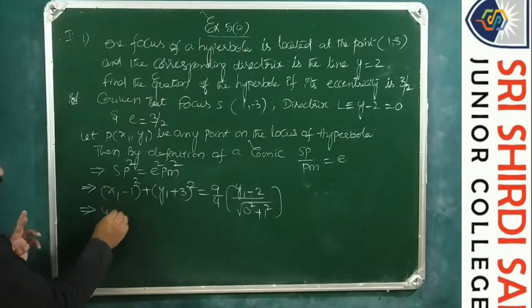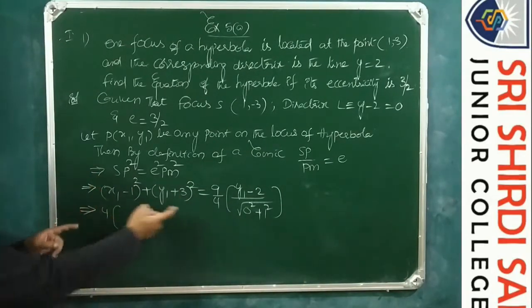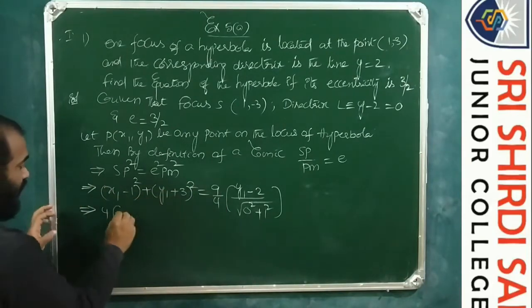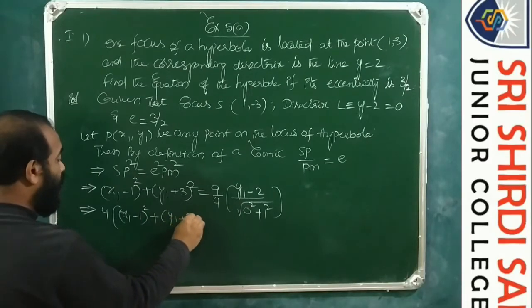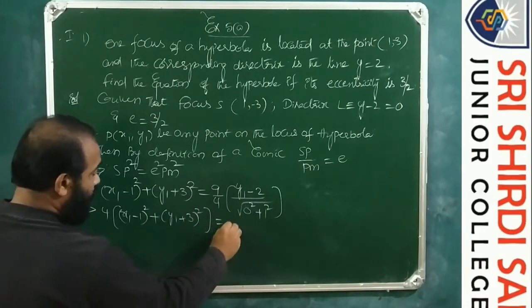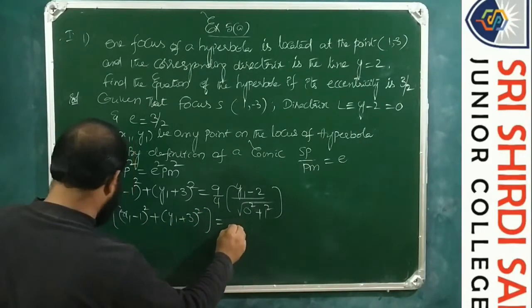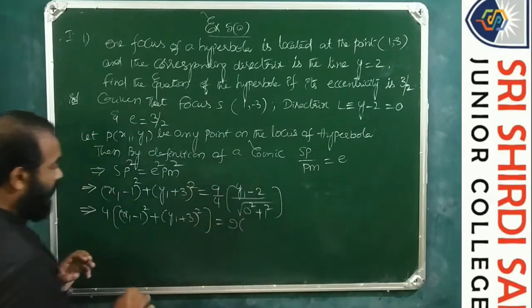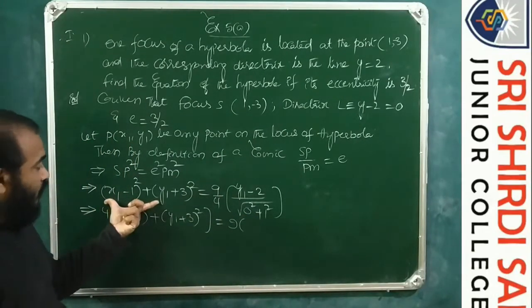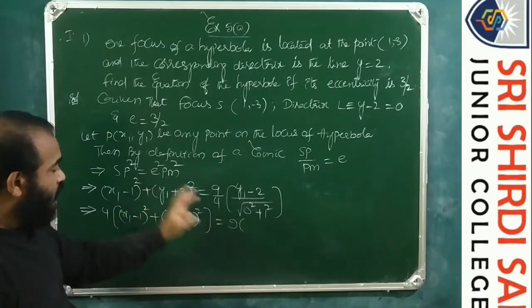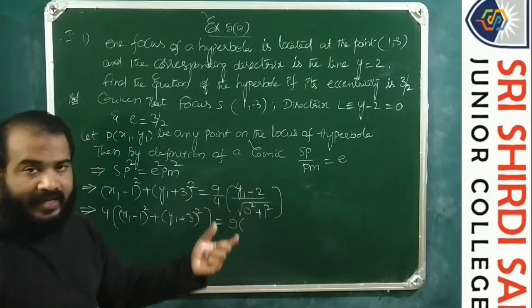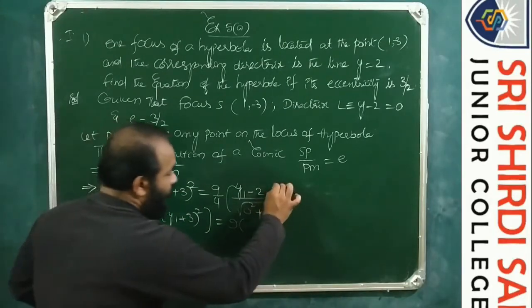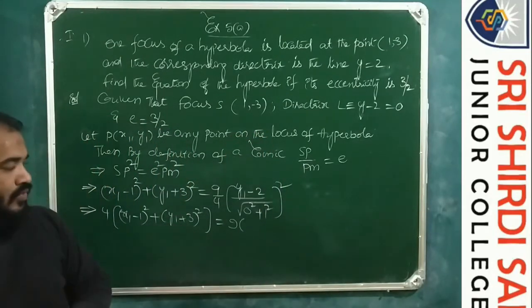This is equal to 9 by 4. If you cross multiply, then we will get 4 into (x1 plus 1) whole square plus (y1 minus 3) whole square is equal to 9 into, SP square, the square root gets cancelled, e square, PM is the perpendicular distance from a point P to the line, so square, that means this whole square.